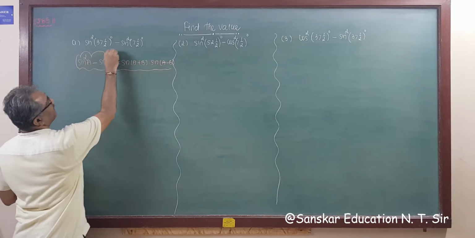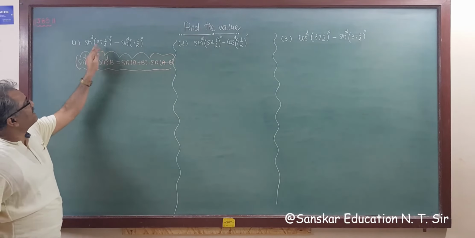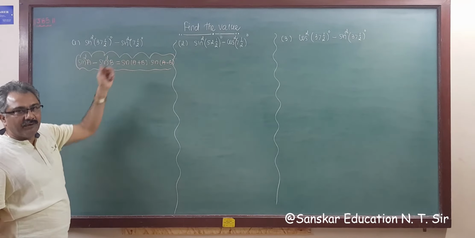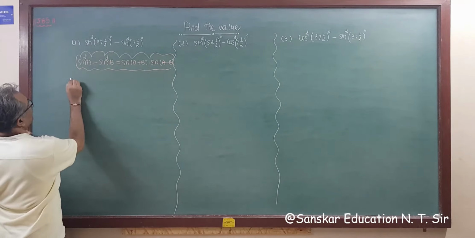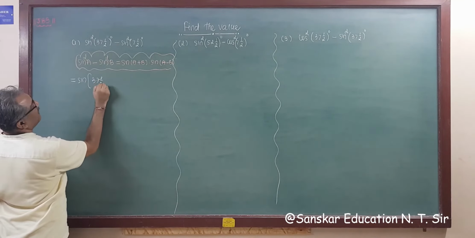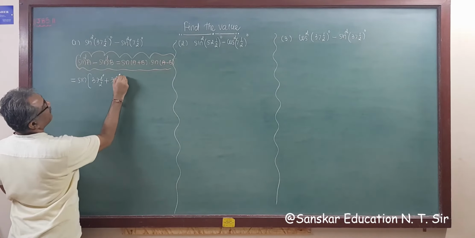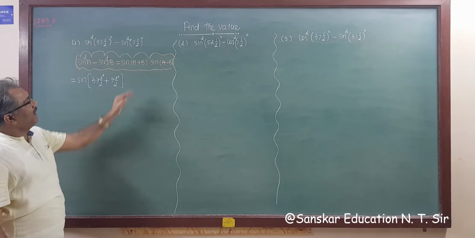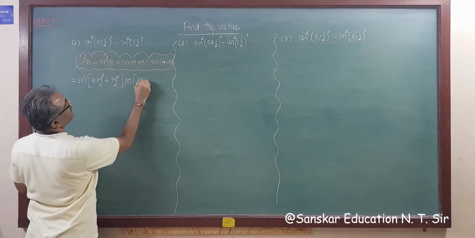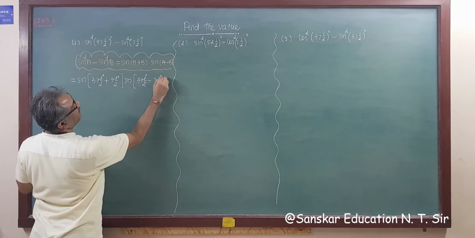So we add and subtract 37.5 and 7.5. The answer will be sin(37.5 degree plus 7.5 degree) into sin(37.5 degree minus 7.5 degree).